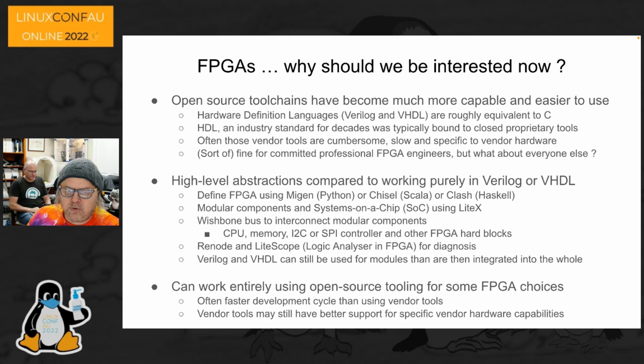And if you find there are plenty of existing Verilog or VHDL modules on GitHub or OpenCores, you can still integrate those into your design. So you can now pretty much work entirely in open source tool chains for your FPGA, and often these tools do synthesis much faster than the vendor tools.